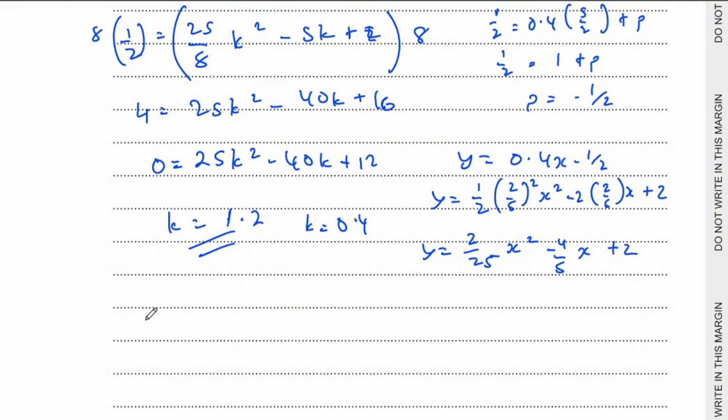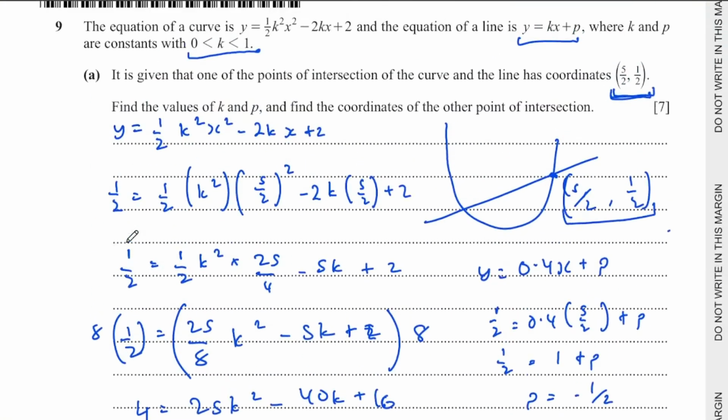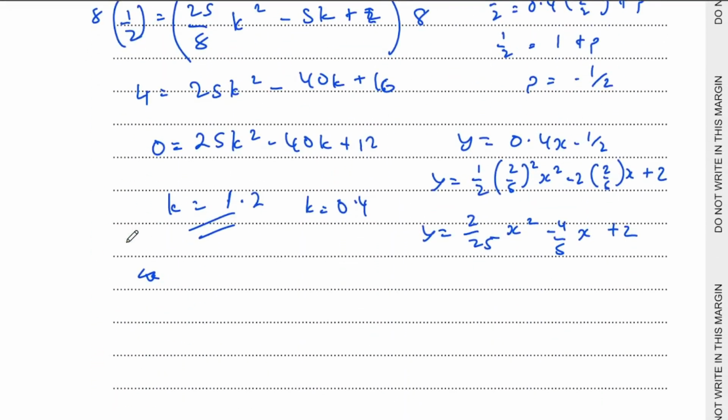So remember, we want to find the other point of intersection, and for that we need to do simultaneous equations. So y equals y, and so we end up getting 0.4x minus a half equals 2 over 25x squared minus 4 over 5x plus 2.